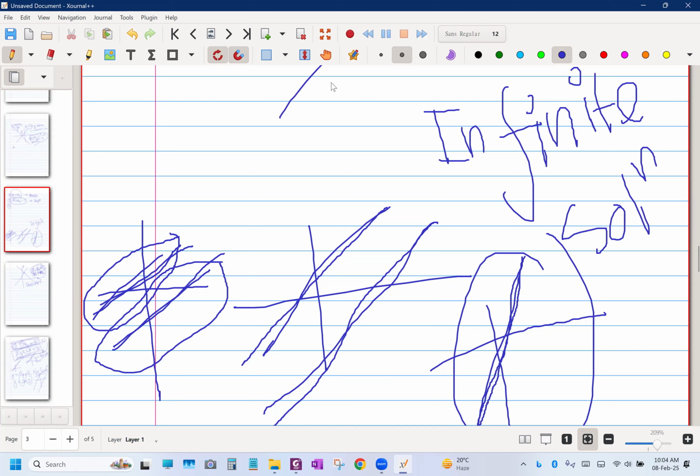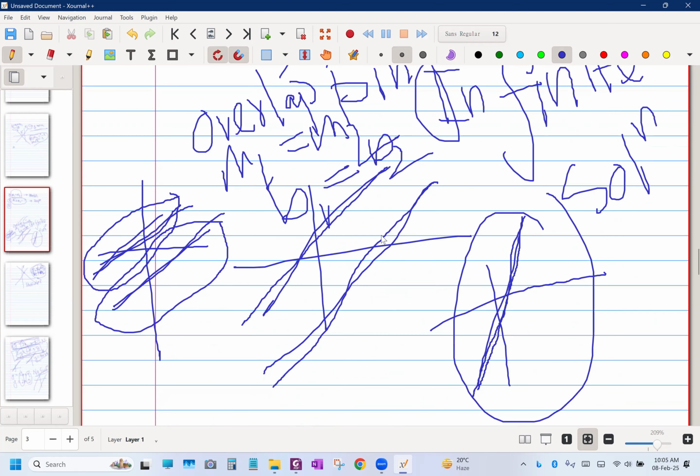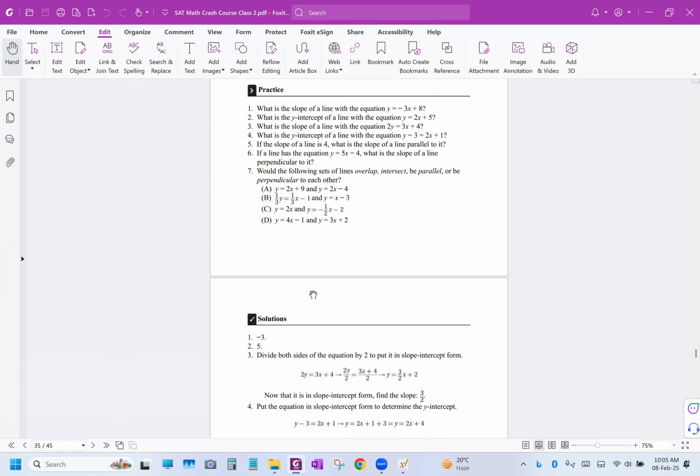Overlapping each other, and M1 and M2 are the same, and B1 and B2 are also the same. M1 equals M2. I'm sorry for my bad handwriting, I'm writing it using my mouse. B1 equals B2. Clear? Okay, all right.